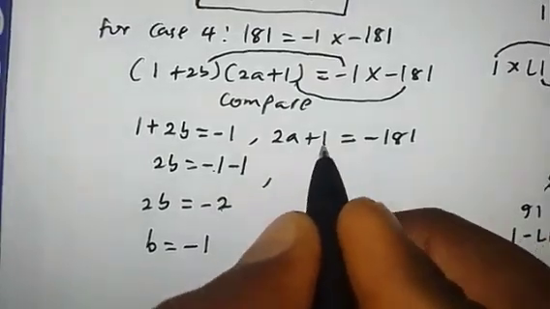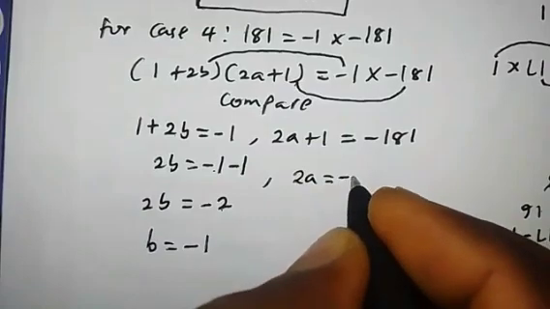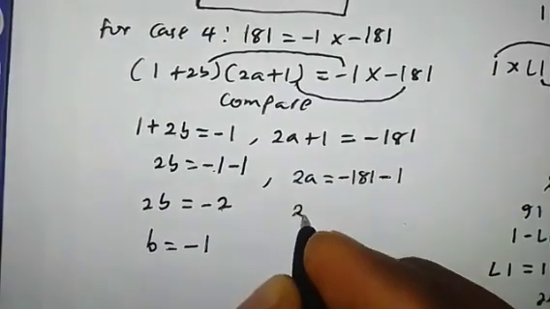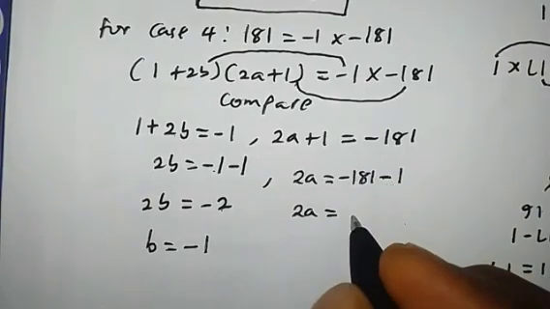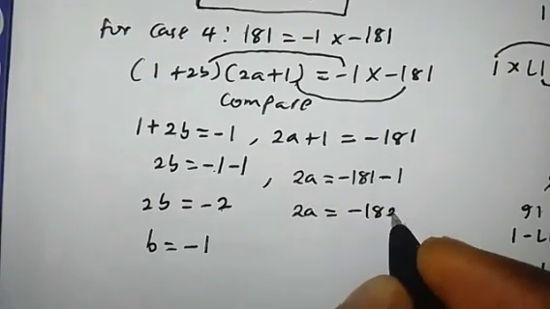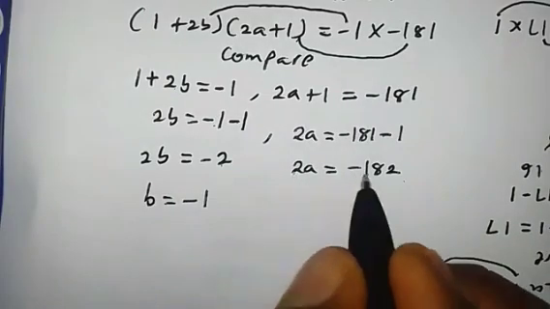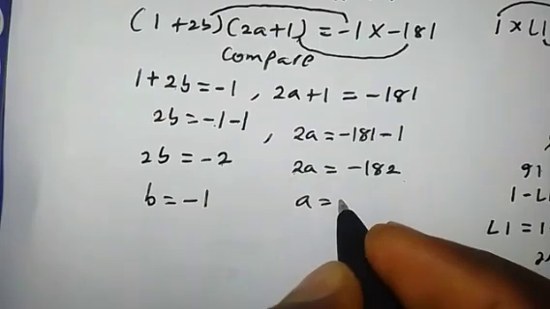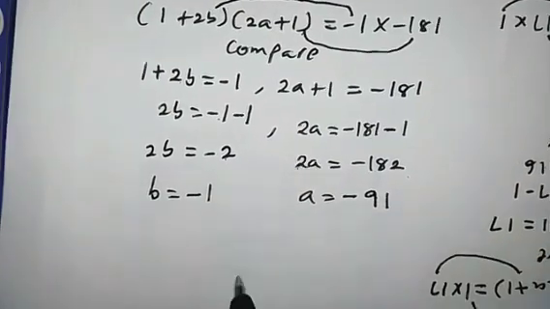Now, from this line, we have 2a equal to minus 181 minus 1, that is minus 182. If you divide both sides by 2, a is clearly equal to minus 91.